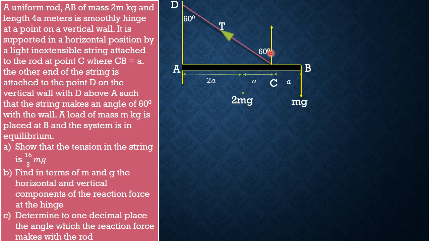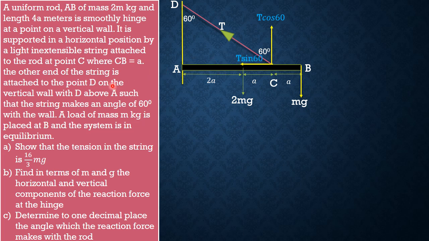The angle the string makes with the wall has to be 60 degrees, and the component is simply going to be T cos 60. Good. And likewise, this component that is parallel to the rod is going to be T sine 60 degrees.